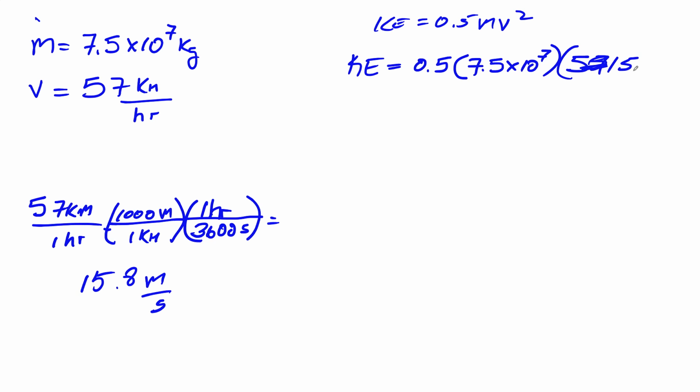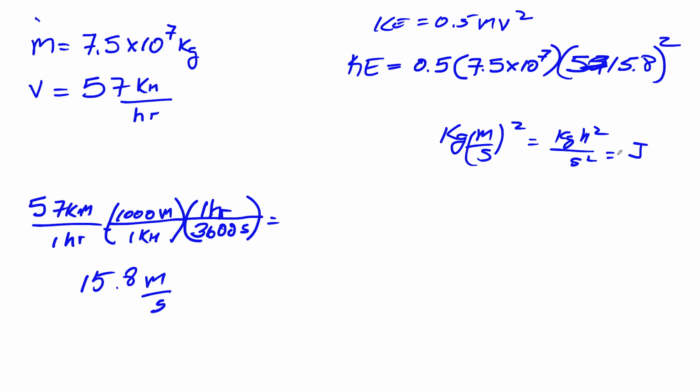Make sure you use the right velocity, folks. Meters per second, and we're going to square that. So if we look at the units, kilogram, meters per second, and we're going to square that. Meters squared over seconds squared, that's equal to joules, and here we're going to get the right answer if we input everything into the calculator correctly.